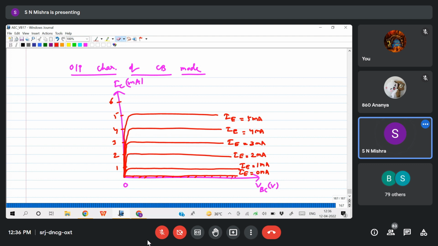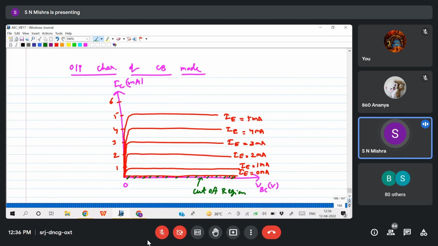Understand here. This region where I am getting the leakage current is called the cutoff region. Okay, that is called the cutoff region.